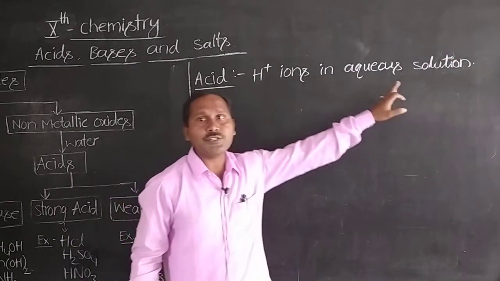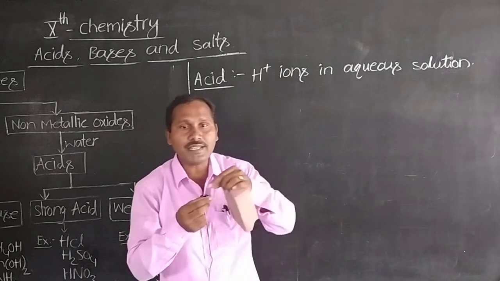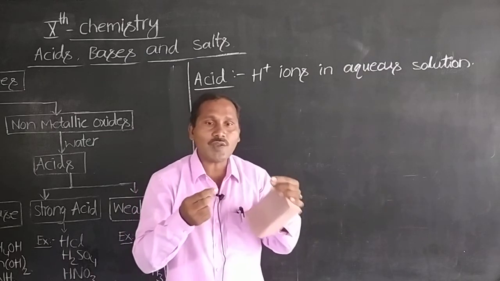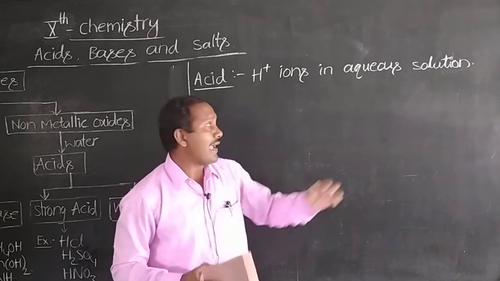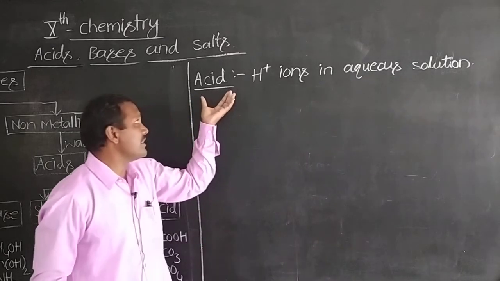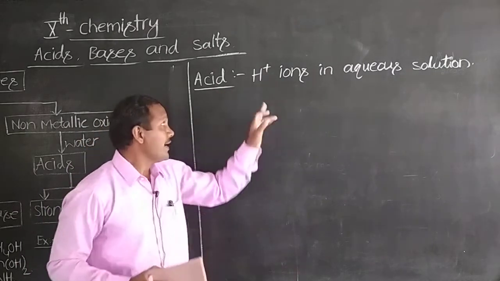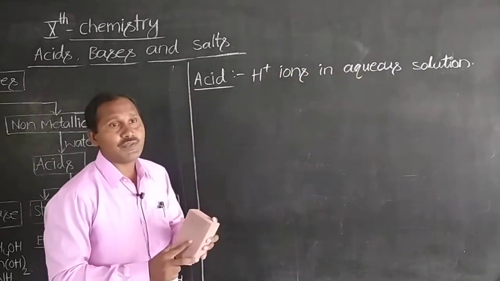Here, aqueous solution means suppose you take any salt in a test tube and add some water to the test tube. The salt dissolves in water. That type of solution is called an aqueous solution. So acid means the substance which produces H plus ions in aqueous solution.